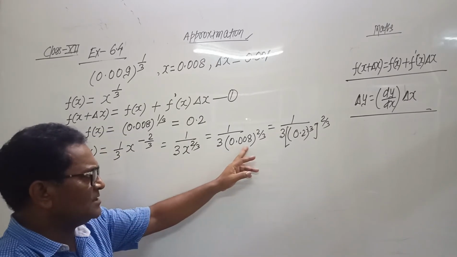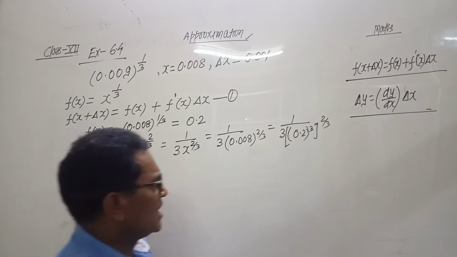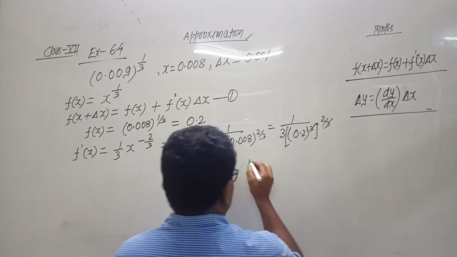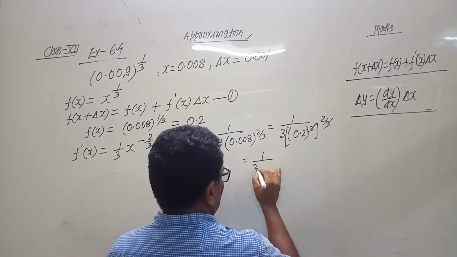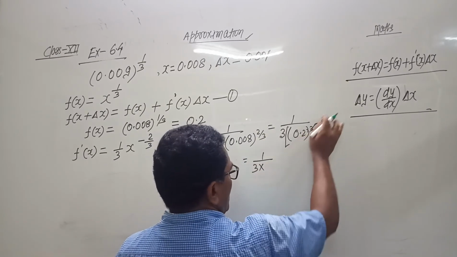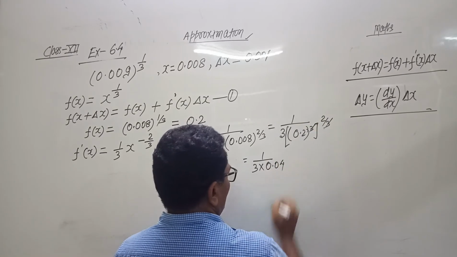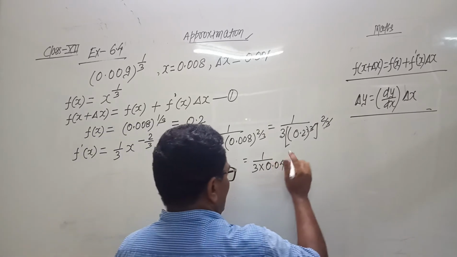0.008 can be written as 0.2 raised to the power 3, and the whole raised to the power 2 by 3. The 3 and 3 get cancelled, and it comes to be 1 upon 3 into 0.2 the whole square, which is 0.04. Then remove the decimal point.